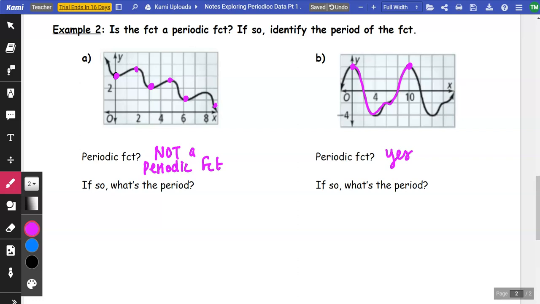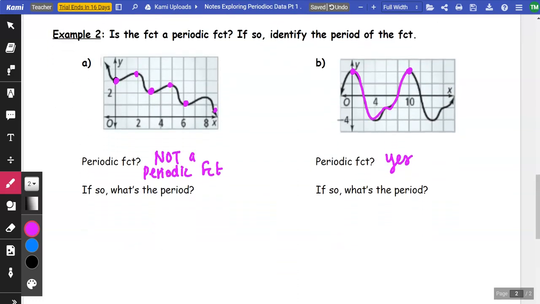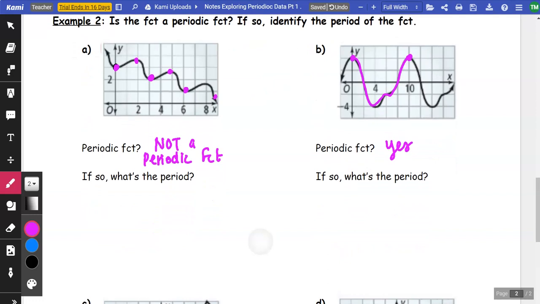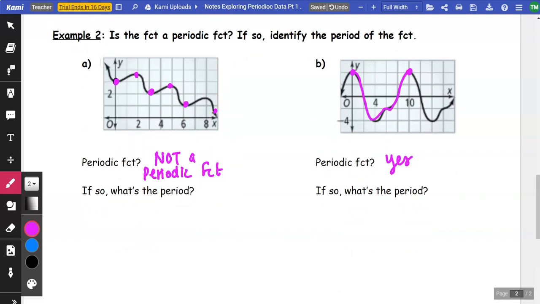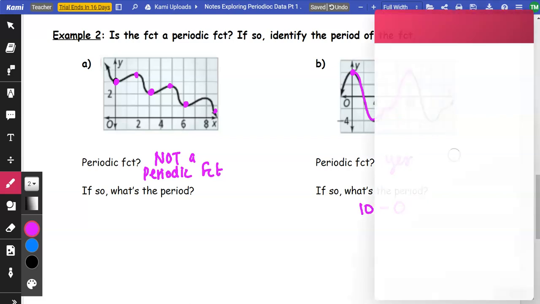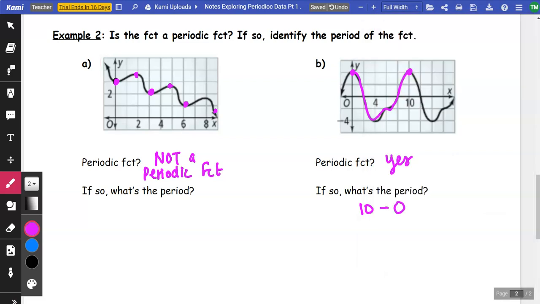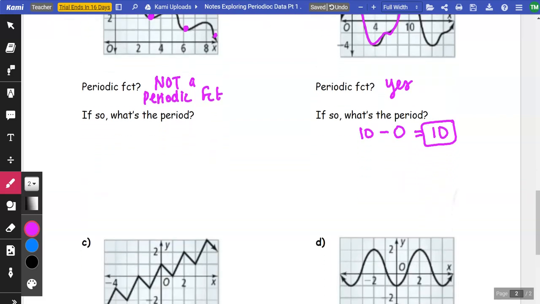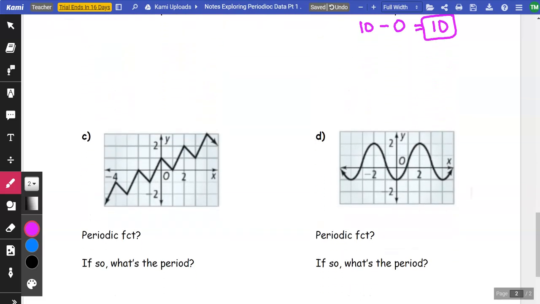Yes. And if so, what is the period? The period is, let's see, it goes from 0 all the way to 10. So we're going to have 10 minus 0, which is 10.